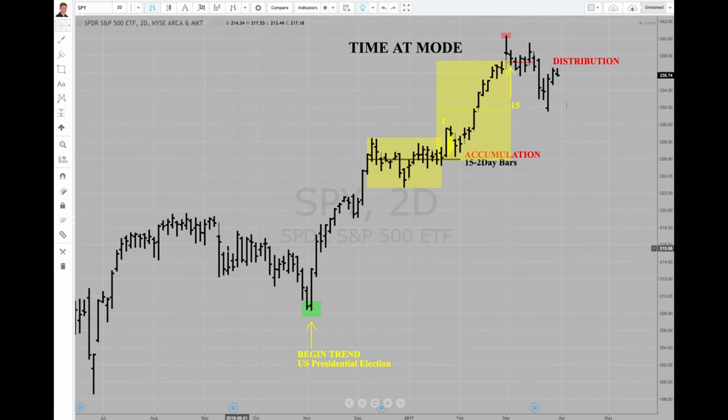We can also do a calculation, a little more difficult to do on the fly, but I would do the previous mode, which might be down in this area here, and measure from this mode up to this mode, and then copy that and have it repeat.